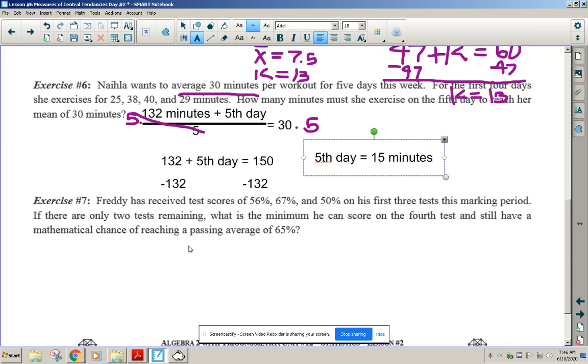And the same thing now for exercise 7. So please finish this packet and do your absolute best. Let me know if I can help you with anything.